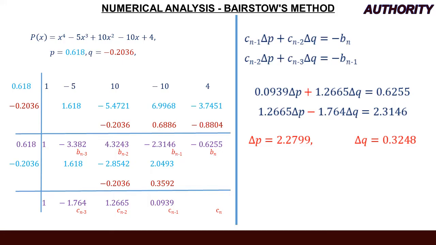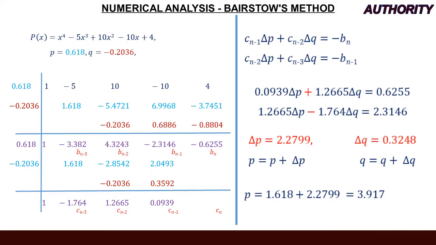So, in each iteration, you obtain new P. So, what is the new P? The new P is the previous P that you have, plus the delta P that you obtain now. And then your new Q is going to be the Q that you already have, plus the delta Q that you just obtained. So here we have new P is going to be 1.618, which is the previous P, plus the delta P that you have, which is 2.2799.